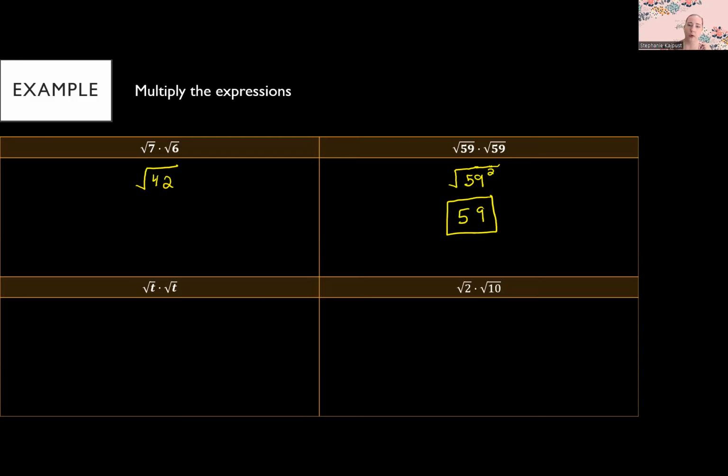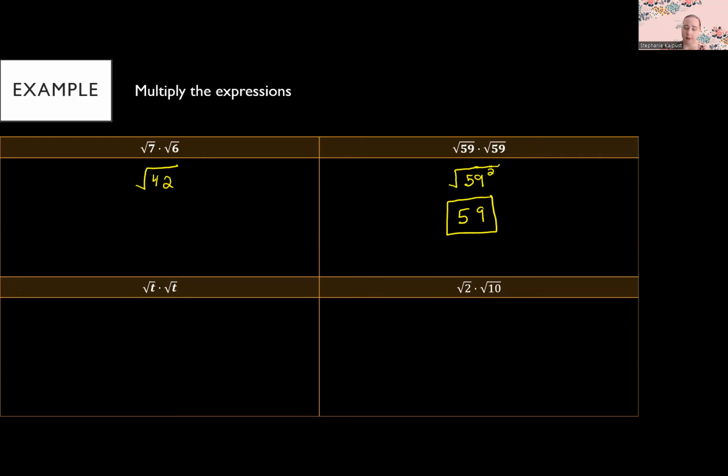So we did more than just multiply the numbers together. We need to see if it's possible to take things out of the square root or take the square root of your result. You can also, if you've got your calculator, just multiply 59 times 59, which gives you 3,481. And on your calculator, if you take the square root of that number, you'll get a whole number, you'll get 59.